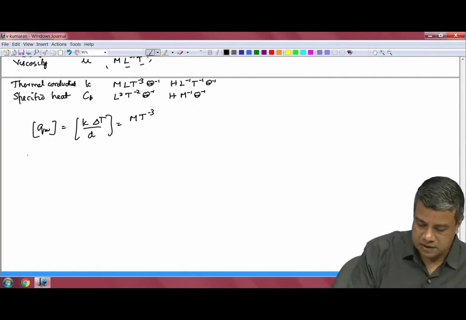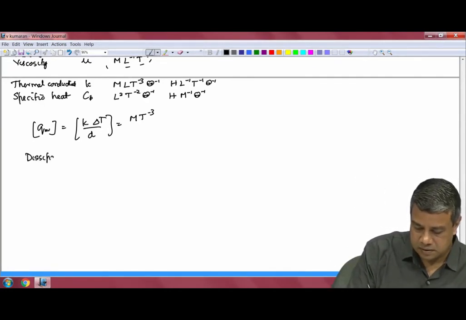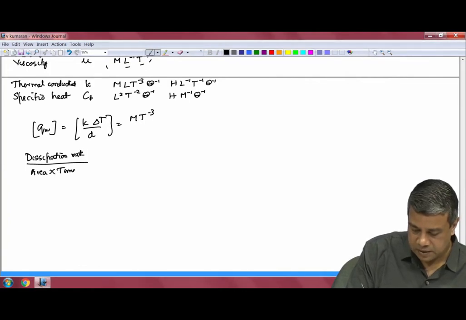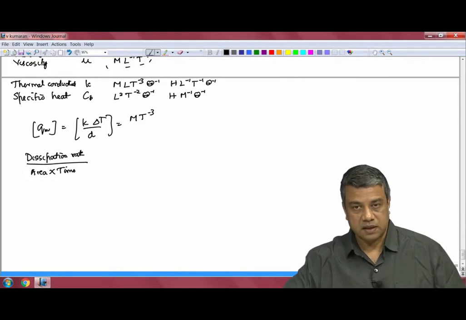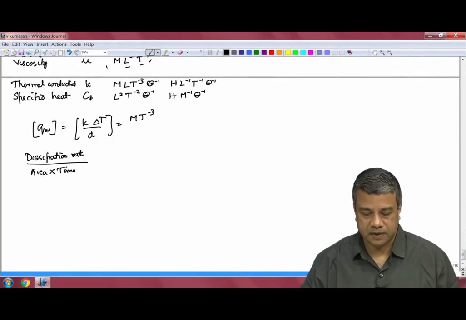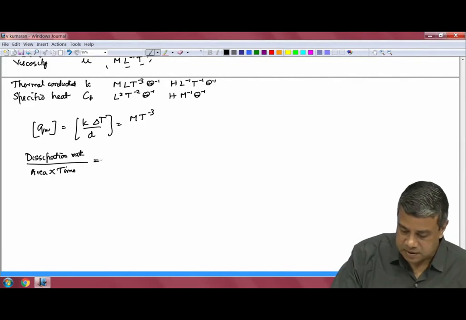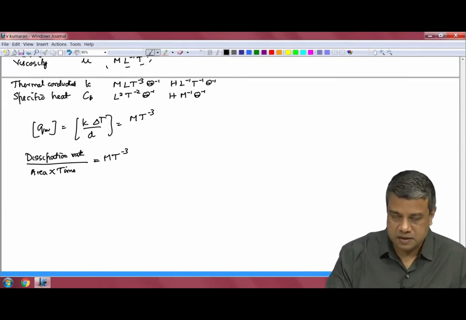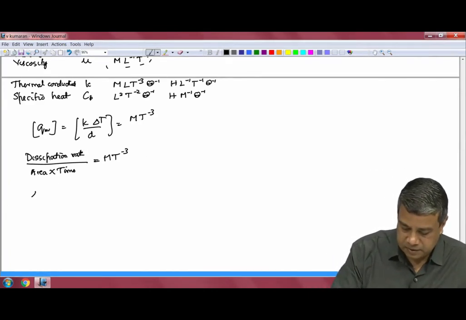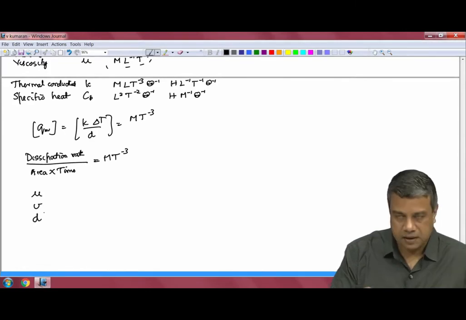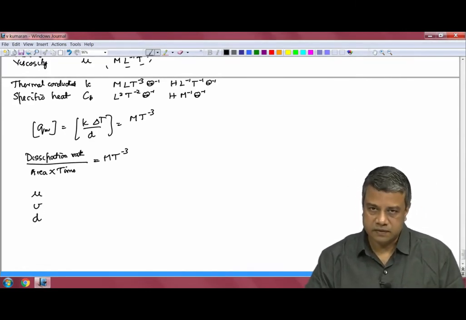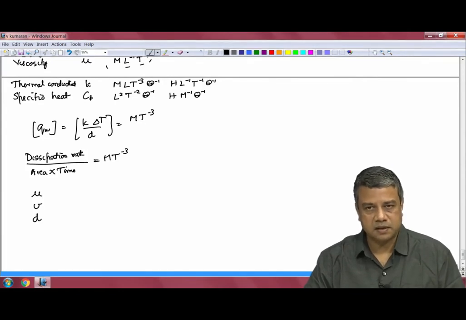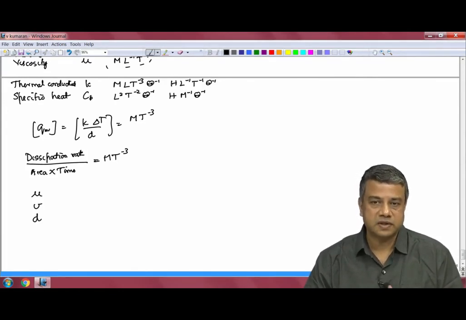Therefore, the dissipation rate per unit area of the surface of the tube, per unit time, has to have the same dimensions, m T power minus 3, and this can depend upon the parameters viscosity, velocity and diameter, because the dissipation rate is basically determined by viscosity.